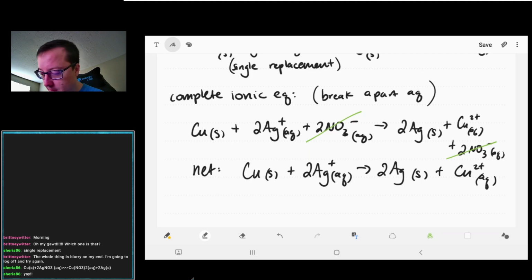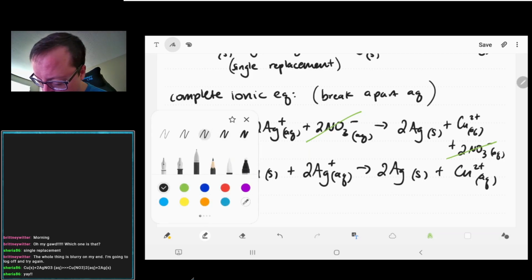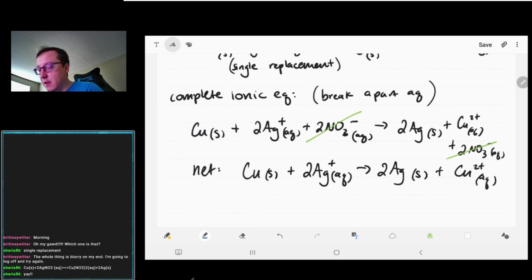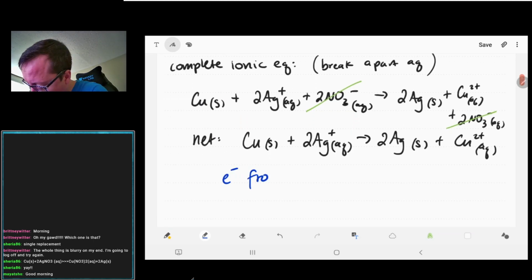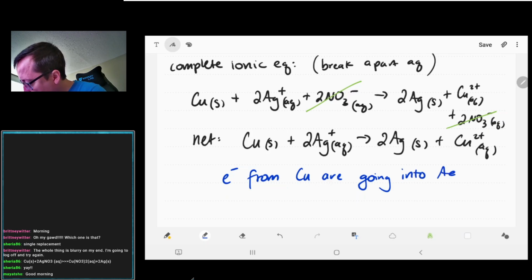We can see perhaps that what is actually happening is that electrons from copper are going into the silver ions. Hello, Maya.